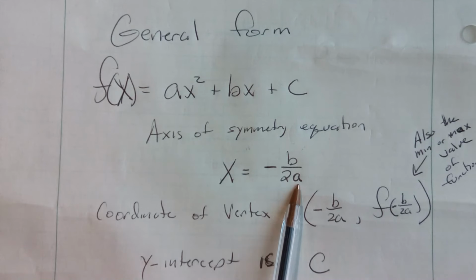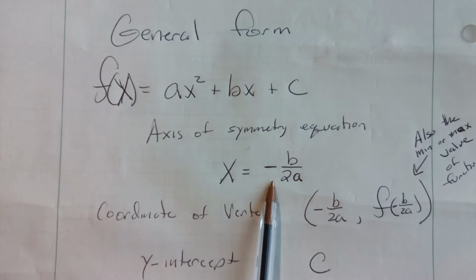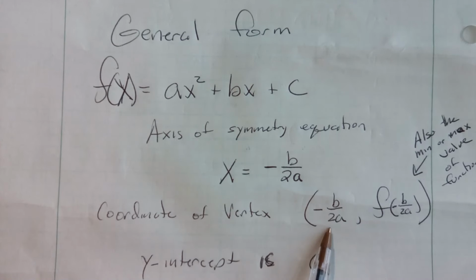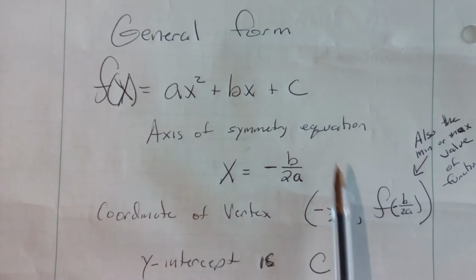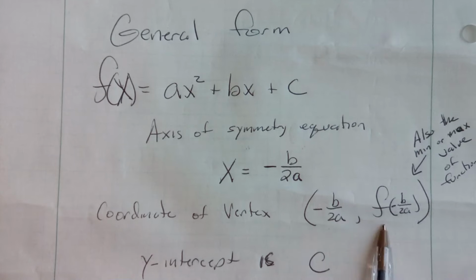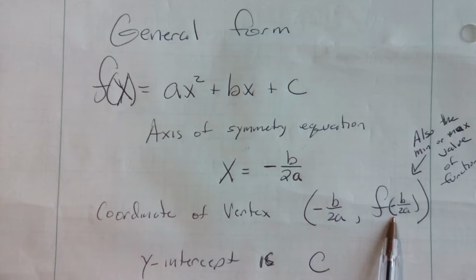And then to find the coordinate of the vertex, so this would be the axis of symmetry, we'd actually have the x value for the coordinate. The only way to find the y value is to plug whatever that value is back into the function. That's what this is. I'm plugging the negative b over 2a back into the function to find the y value for the vertex.